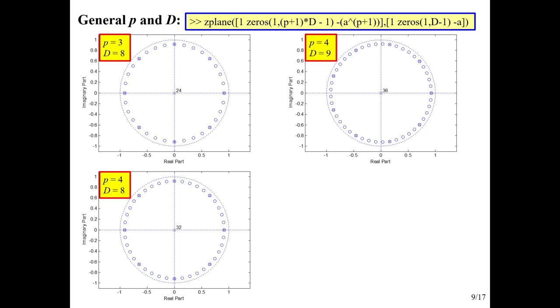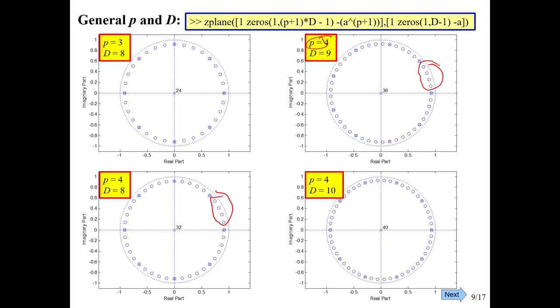And so again, it's the P that sets how many zeros there are in between the gaps. And then P equal to 4, D equal to 10. So really, the only difference between the D values is the spacing, right?